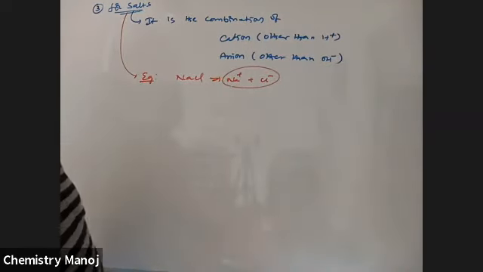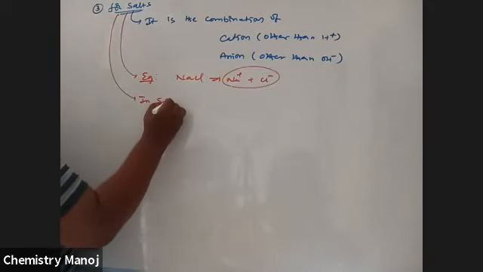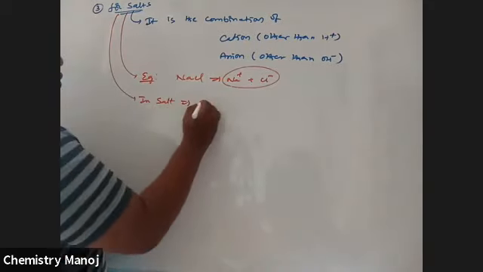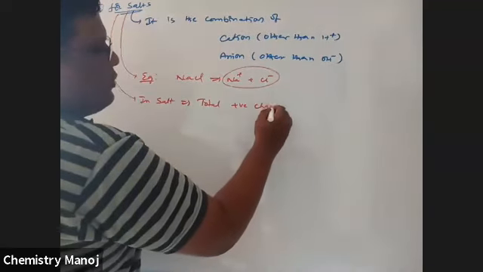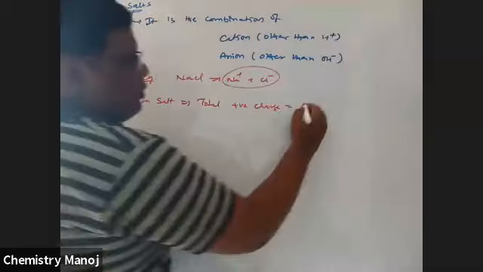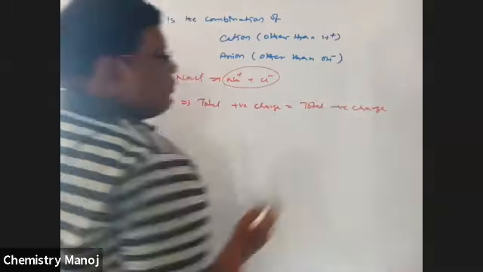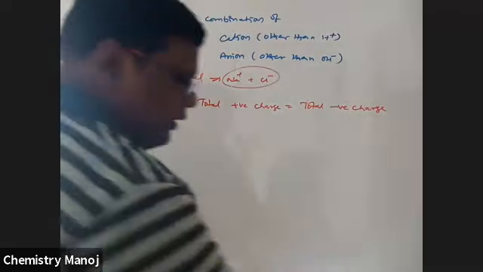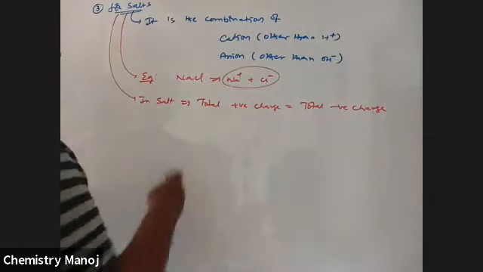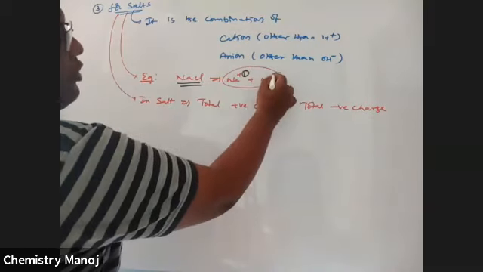In any salt, the total positive charge is equal to the total negative charge. In NaCl, total positive charge is 1 and total negative charge is 1.